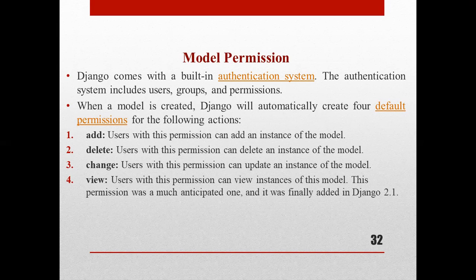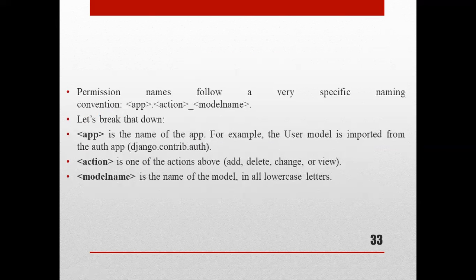So Django comes with a built-in authentication system that includes users, groups, and permissions. The permission name follows a very specific naming convention: app.action_modelname. Here, app is the name of the app.